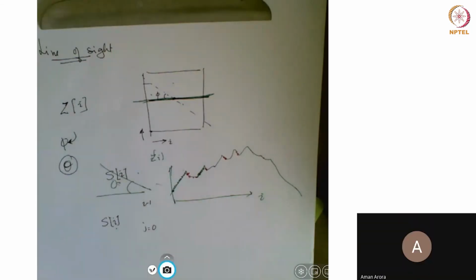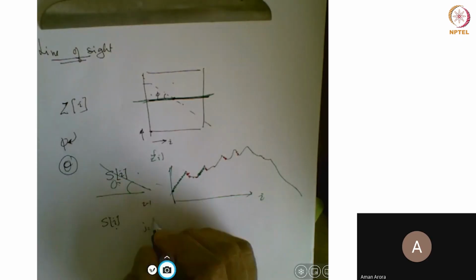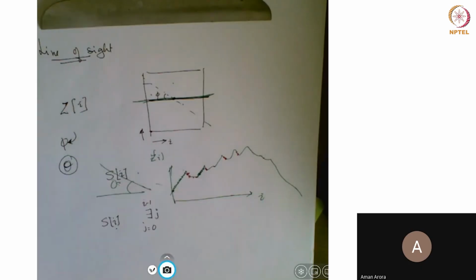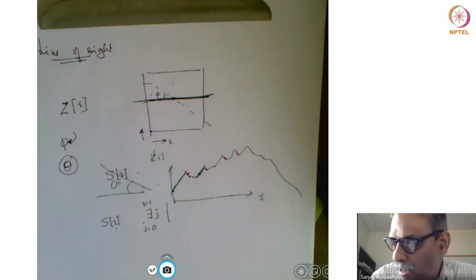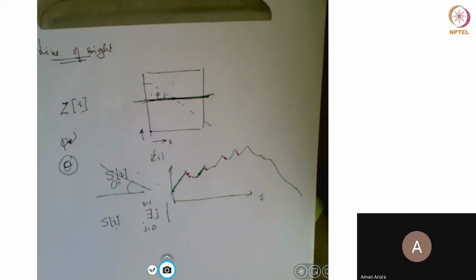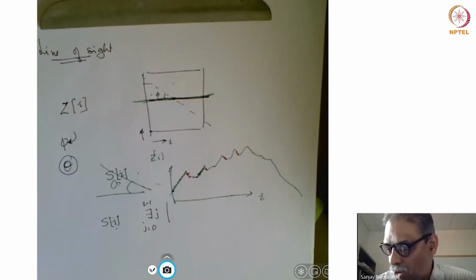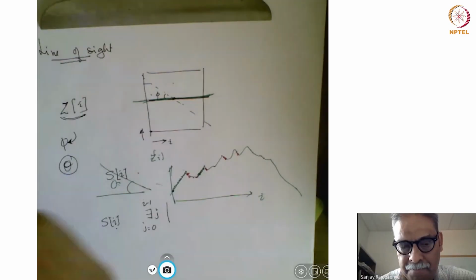And then if there existed a j such that the angle is more than 30 degrees. Now I look at the elevation.